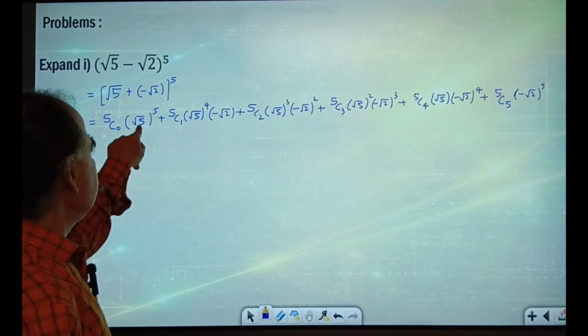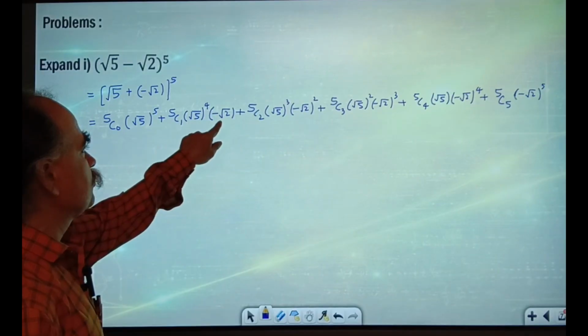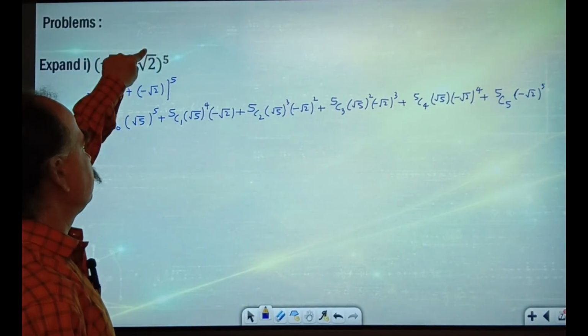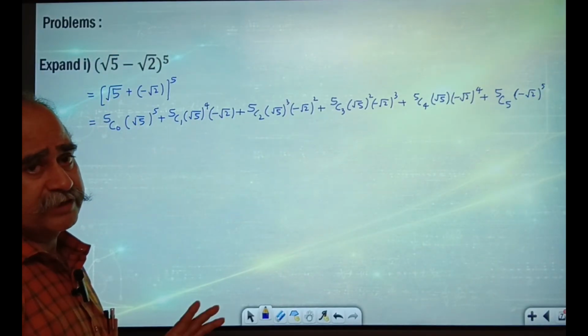In any term you see the sum of powers of root 5 and root 2 is always 5. So this is what we have to take care.